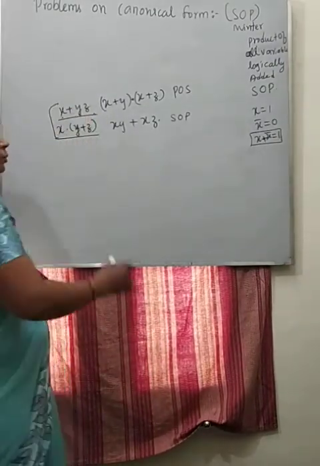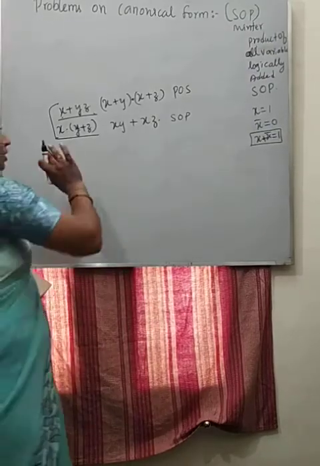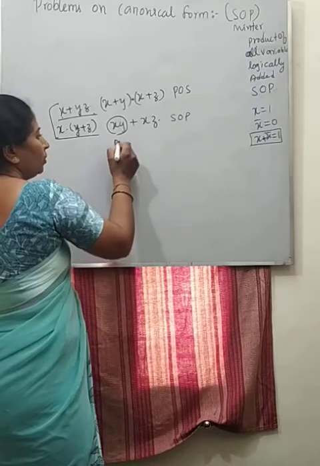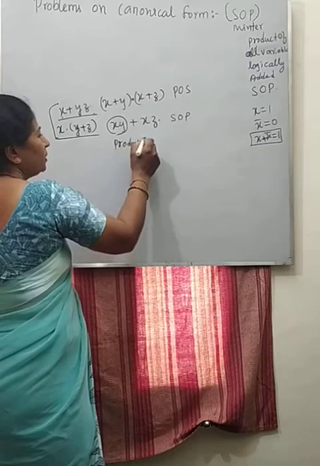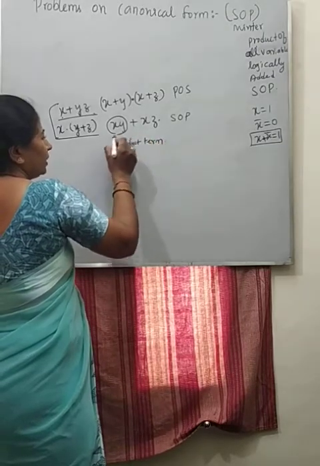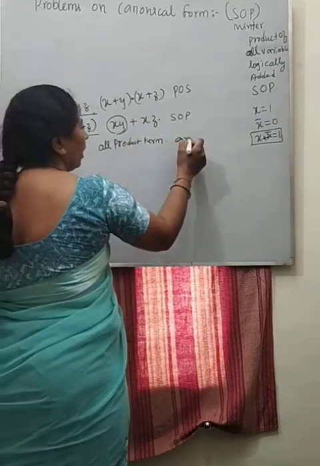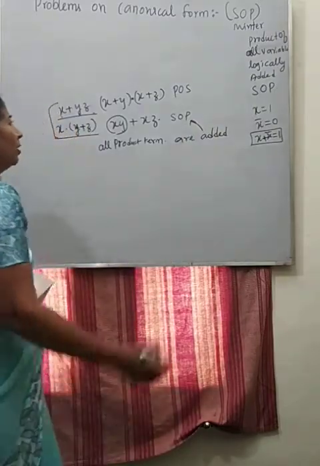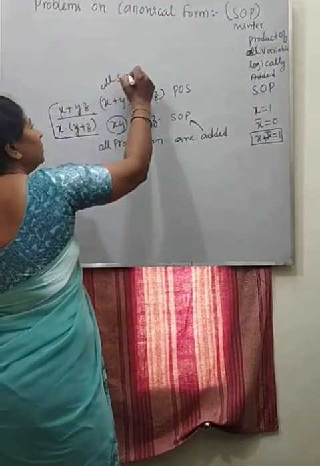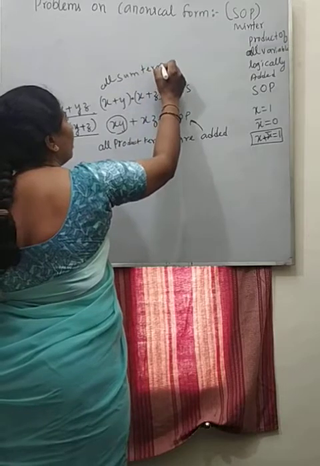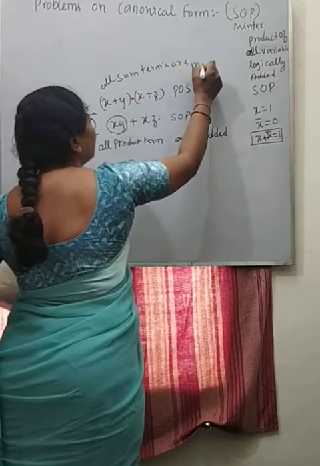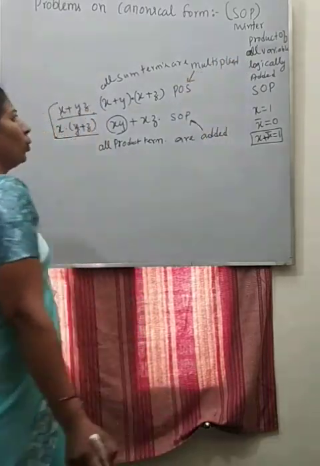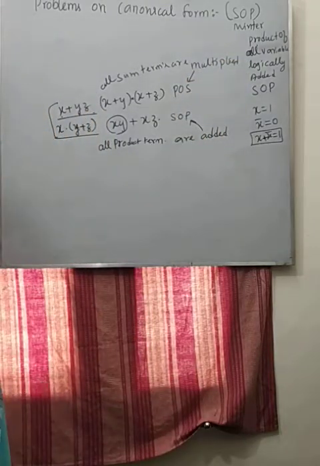Do you know this is the distributive law? These were distributed such that we get product terms. All product terms added is called SOP. All sum terms multiplied are called POS, product of sum.